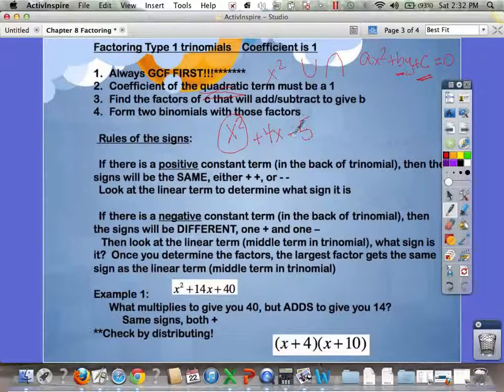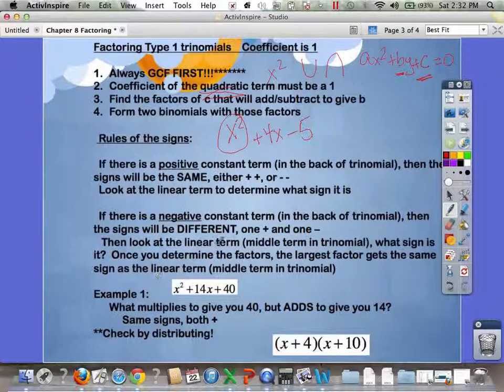So that would mean it would be different signs. And then you look right here, and once you find the factors that make this, they're going to subtract to be this. The biggest of the two numbers that you find gets the sign of the one right here. And that makes no sense at all, but let's just go ahead and start working on one, and we'll explain the signs as we go.